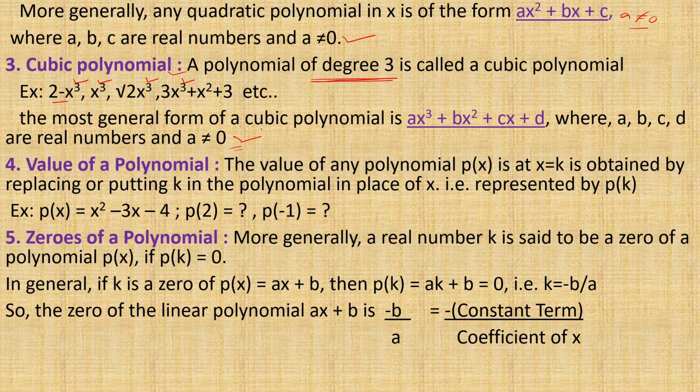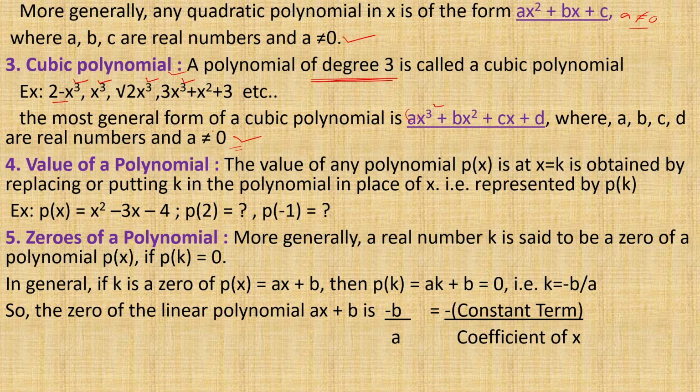So in any polynomial, the coefficient of the highest power is not equal to 0; only then is it that type of polynomial. For a cubic polynomial, the highest power is 3 and its coefficient a is not equal to 0.